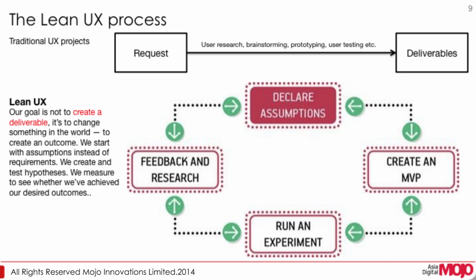It is to change something in the world, to create outcomes. So we start from assumptions instead of requirements, we create and test hypotheses, and we measure to see whether we have achieved our desired outcomes. You can see it's ongoing, a continuous loop in the whole process.